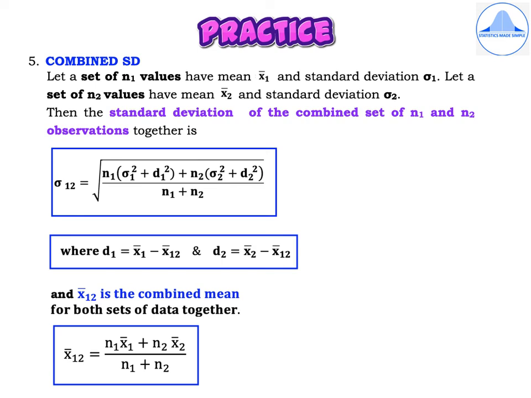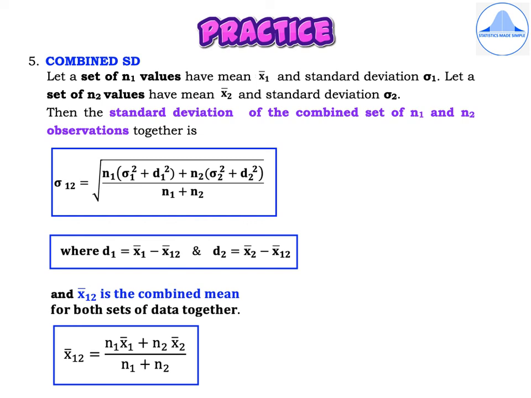Then the standard deviation of the combined set of n1 and n2 observations together is sigma 1 2, where 1 2 is a subscript, which is equal to root of n1 into sigma 1 squared plus d1 squared plus n2 into sigma 2 squared plus d2 squared divided by n1 plus n2.